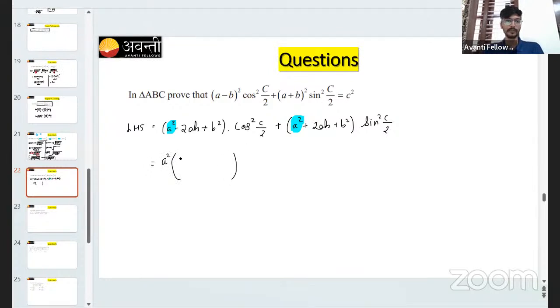So a square multiplied by cos square c by 2 plus sin square c by 2.